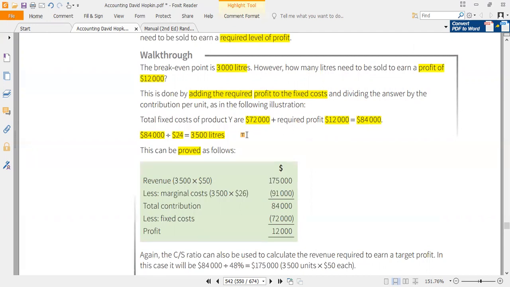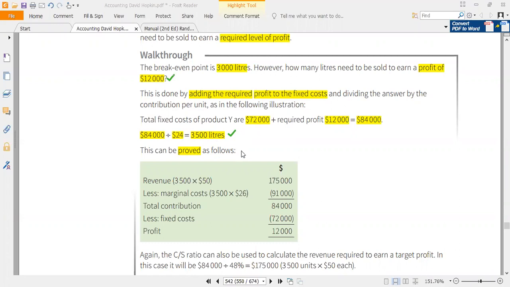So instead of fixed cost divided by contribution, you add the profit to the fixed cost and divide by contribution per unit. So 3,500 units means if you sell 3,500 liters, you will make a profit of 12,000. Is it clear? Have you understood? Okay.